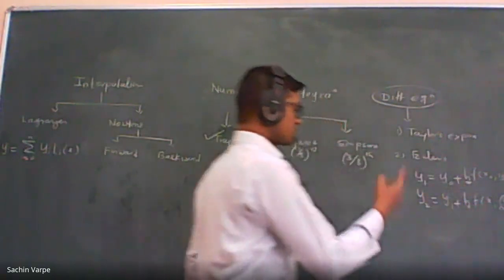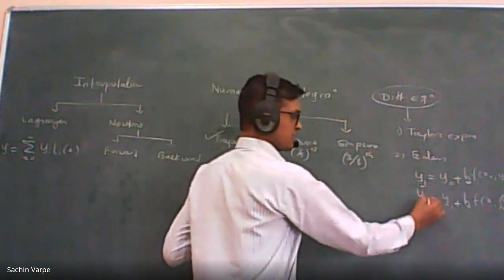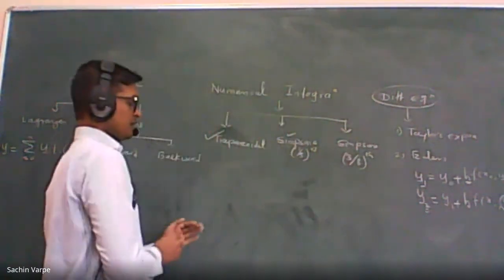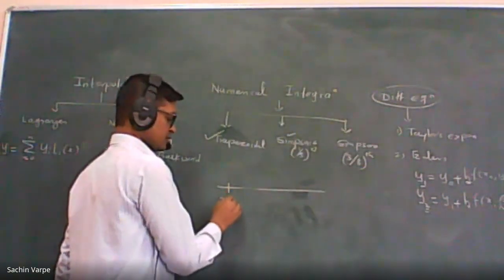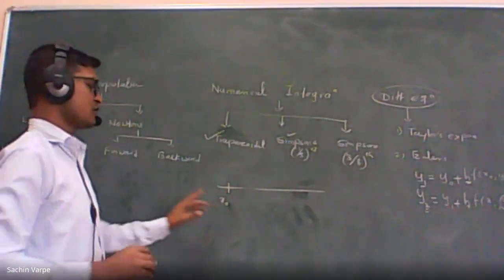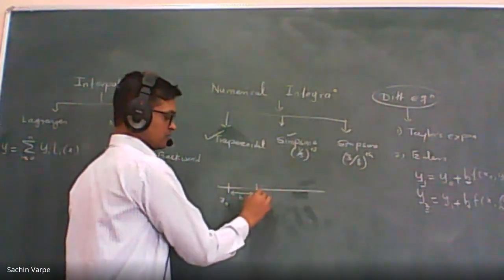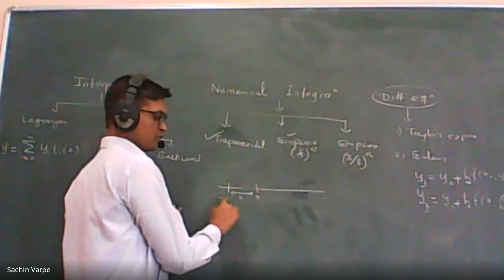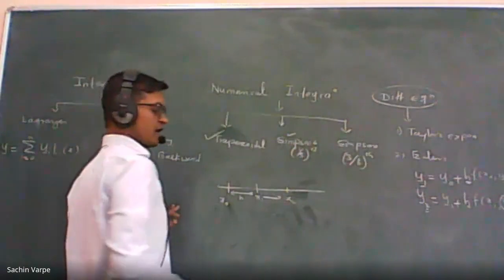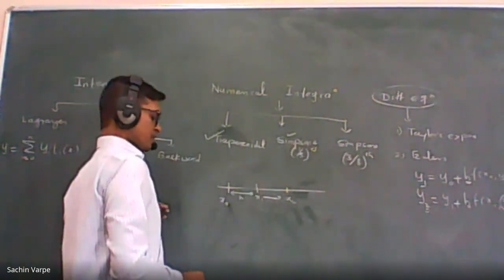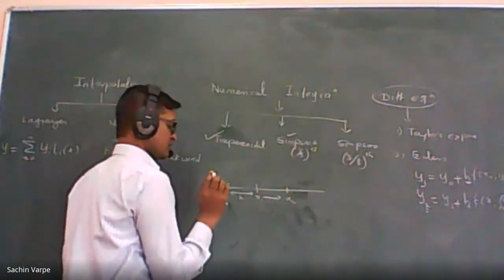That is very important. If you are still confused about that h and these ordinates, let me explain again. Suppose this is our initial condition given, x naught, then x naught plus h will be x1. x1 plus h will be x2.